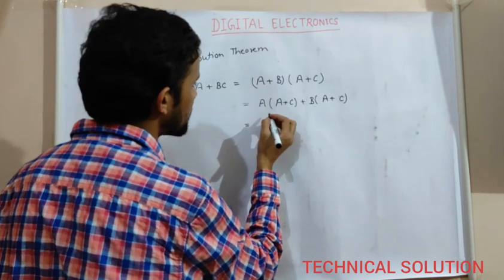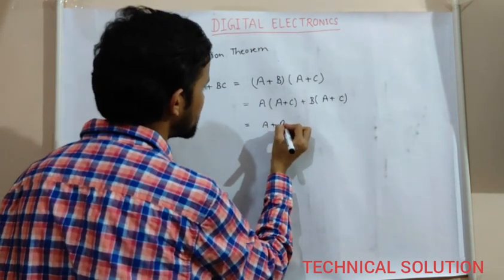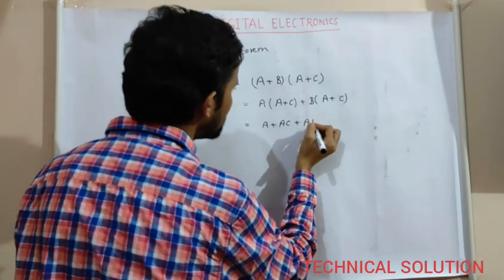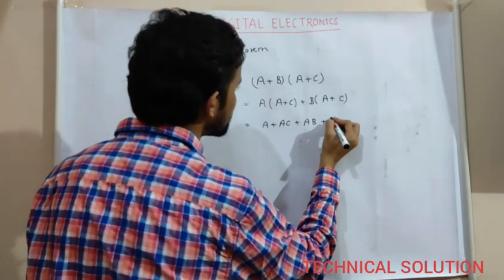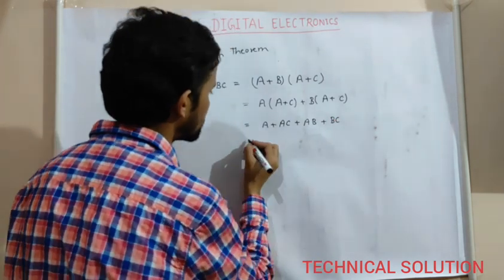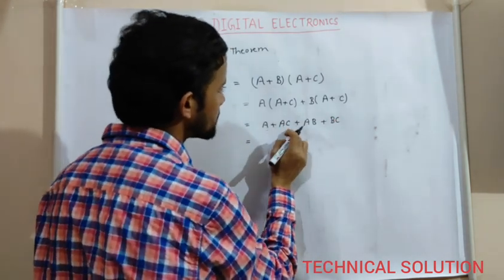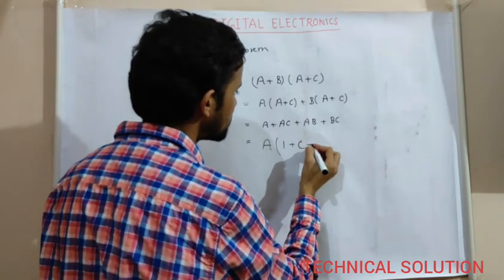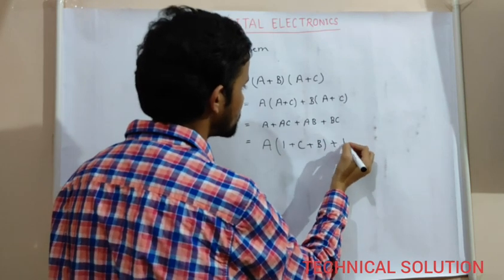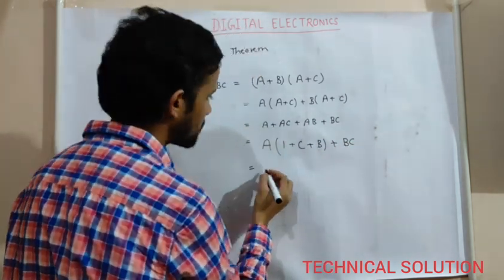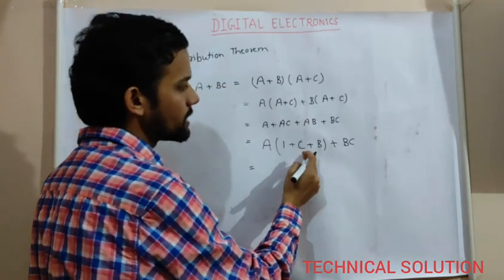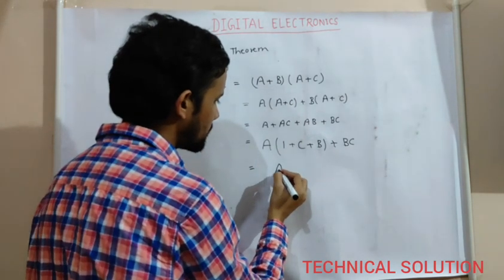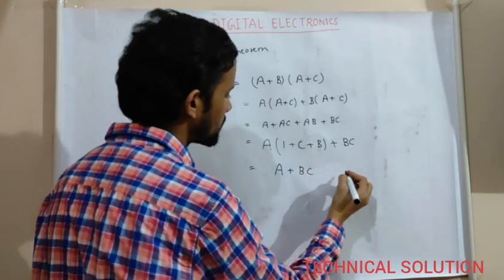We get A multiplied by A, A multiplied by C, we get AC, whereas B multiplied by A, we get AB, and B multiplied by C, we get BC. Take A common from these three terms, then we get A(1 plus C plus B) plus BC. Or, 1 plus C plus B is given by 1, and 1 multiplied into A is given by A plus BC. Proved.